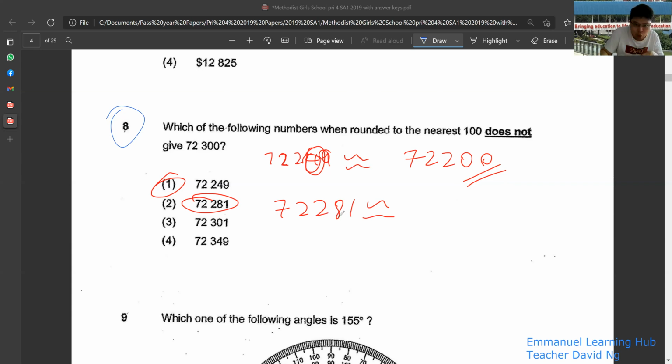Nearest 100, you should look at 2 or 8? Look at 2 again. Just now I did a similar question, look at 8.